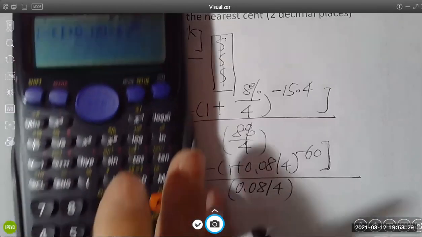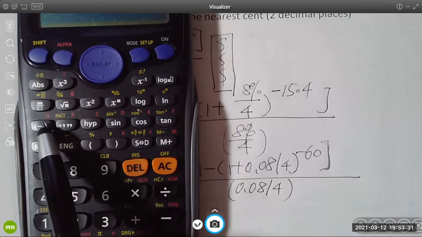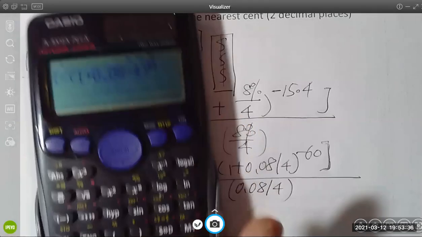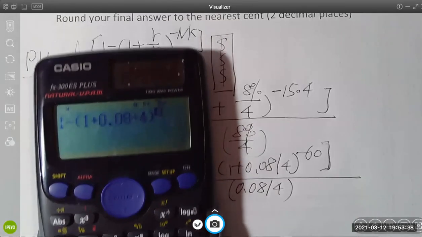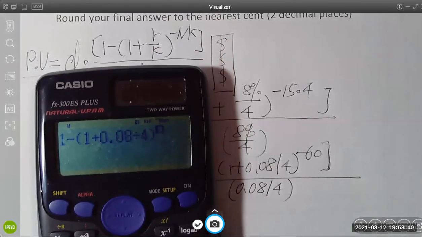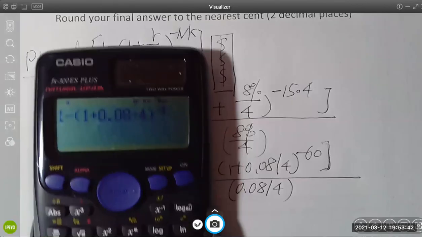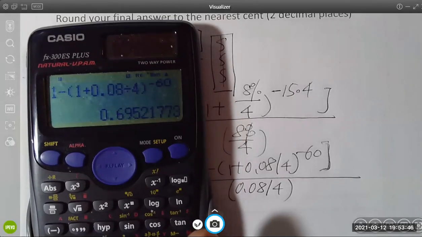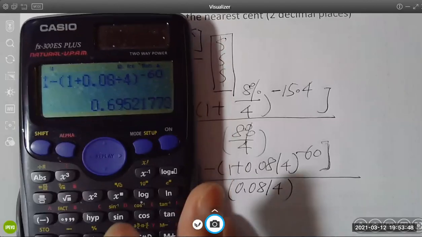For my calculator, this is a negative sign and this is a minus. They are totally different things. Don't use them the same way just because they look the same. So negative 60 equals, say, a positive number smaller than 1.